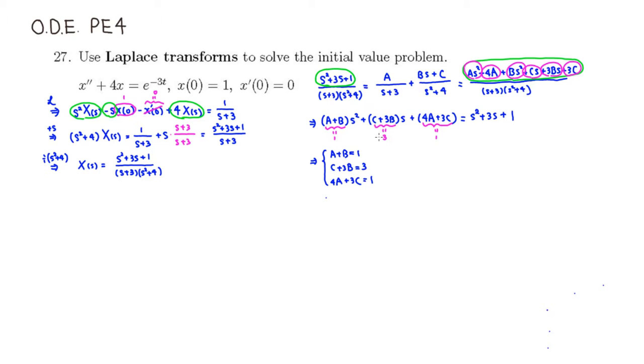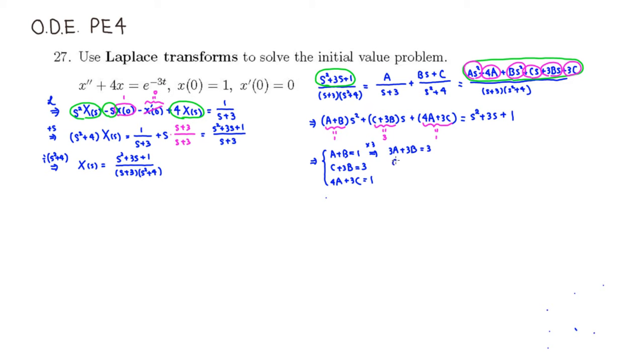Alright, so let's look at the first two and try to get rid of b, right? So I'm going to multiply the first by 3. You get 3a plus 3b is equal to 3.